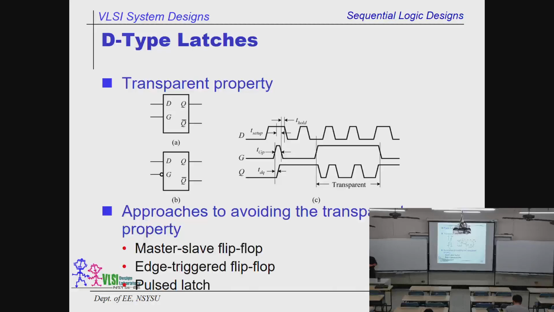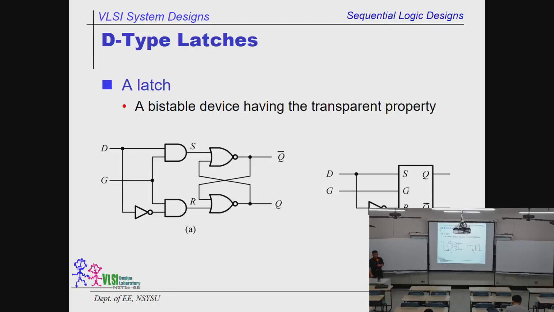This is the D-type latch, which you can find in your freshman textbook. It is very easy. It is based on the NOR latch. Let's start from the very beginning. You have two NORs arranged this way.